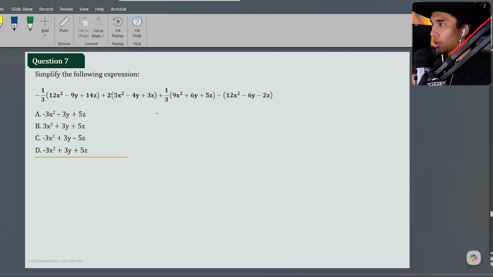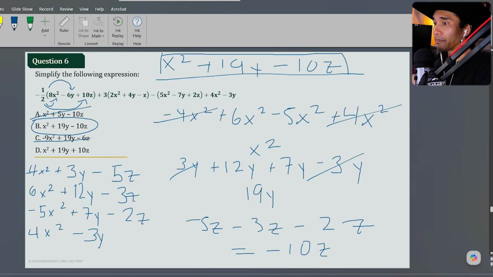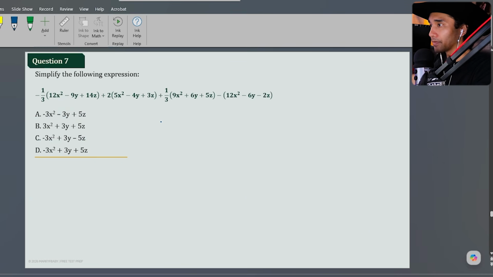So I'm going to go line by line because this one I may mess up. I already proved that I could mess up. So question 6, I messed up. So negative 1/3, I'm going to multiply that by 12x squared. And I have an x too, so I'm just going to do a dot. Okay, negative 1/3 times 12x squared.